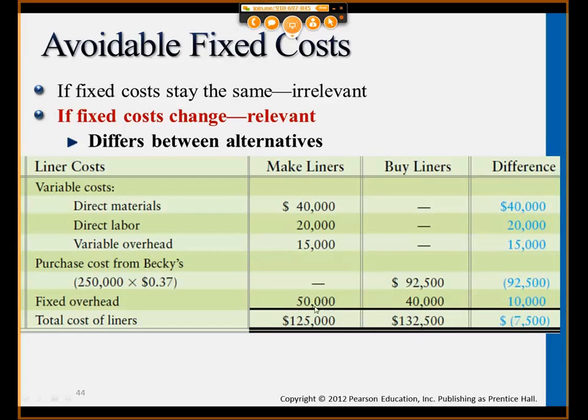If you have your total cost of liners at 125,000 here and at 132,500 when we're buying, you would prefer making them. So here what we did, we were taking into account relevant data, and we were looking at the fixed costs that are changing because they're relevant to us.